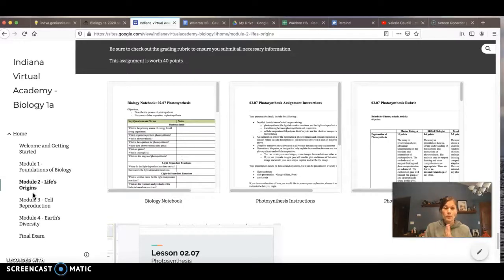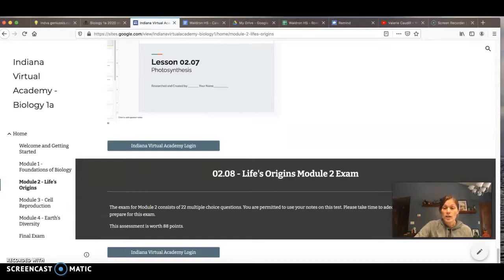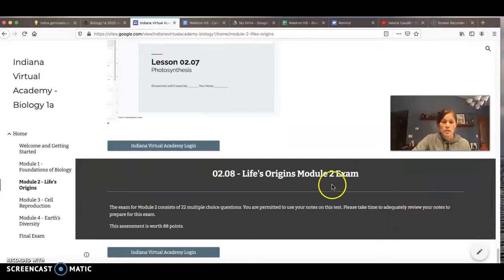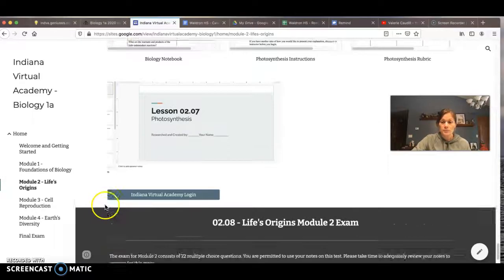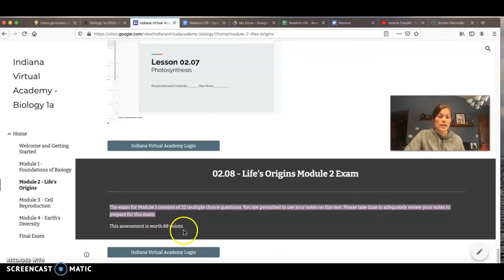Okay, if we scroll down just a little bit more here, we've got just a little bit of information on the exam. It says the exam for Module 2 consists of 22 multiple choice questions. You are permitted to use your notes on this test. Please take time to adequately review your notes to prepare for this exam.